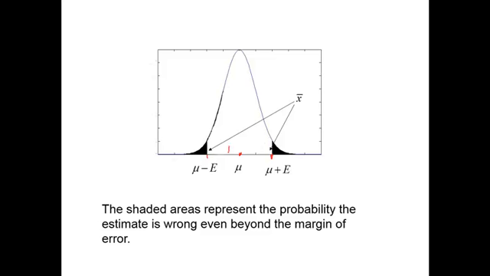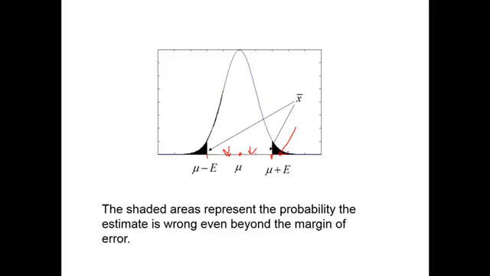If we draw it and it lands here, it's okay, and if it lands here, it's okay, because that's within the margin of error we set for ourselves. But if it lands here, that's wrong, because it's beyond the margin of error we decided to allow for ourselves. So this is the way we're thinking.